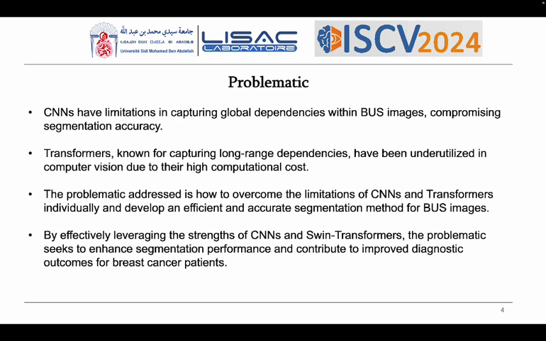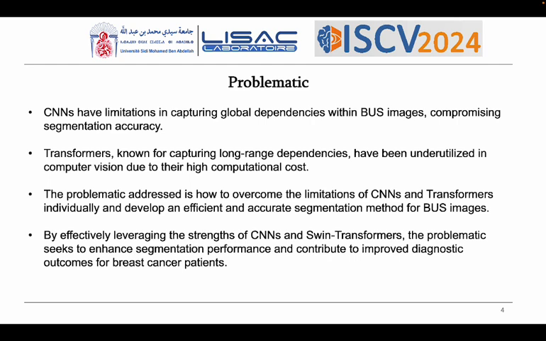The idea here is that we are going to leverage the strengths of both CNN and Swin transformers, combining these two architectures in a single one using a hybrid encoder, which consists of dual encoders: an encoder based on CNNs and another based on Swin transformer. The first encoder captures the local dependencies, and the second encoder, based on the Swin transformer, models the long-range dependencies that CNNs have limitations in capturing.